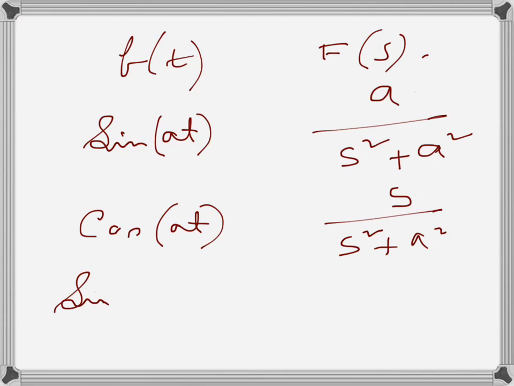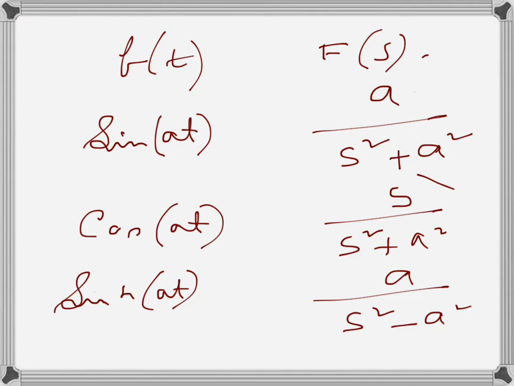Sine hyperbolic at becomes similar but negative, so s squared minus a squared, and a in the numerator. So when it's just sine at, it's positive, and hyperbolic becomes negative.